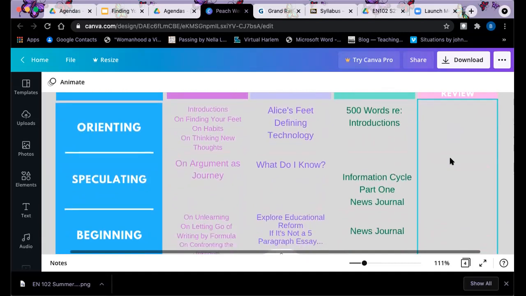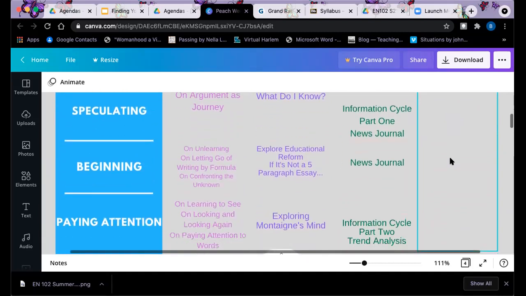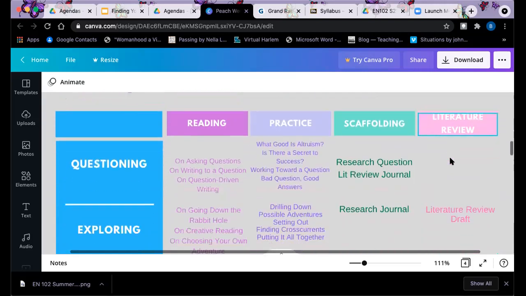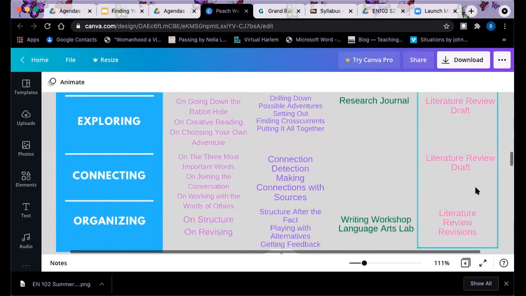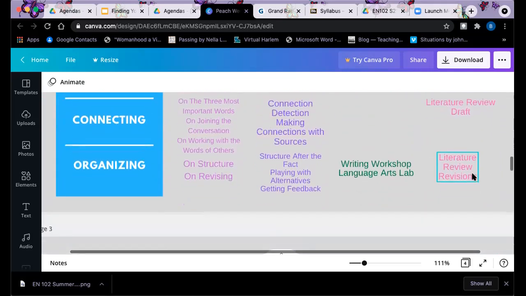It falls into that category of research where you're actually doing the research. You're reading, you're watching, you're discovering, you're exploring, and you are working toward developing a research question and then creating a research journal that will help you draft your literature review.